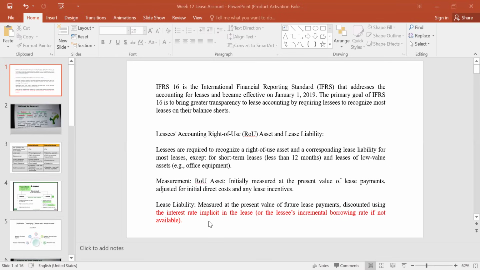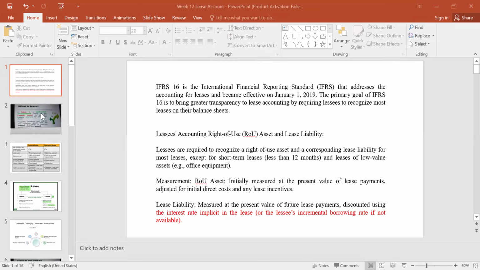Between the two rates, you have to consider the comparatively lower rate. This is the actual condition.